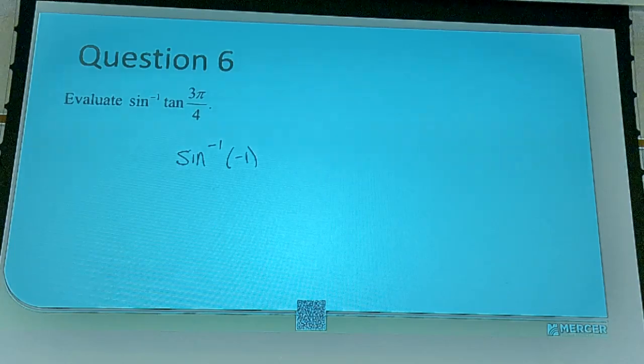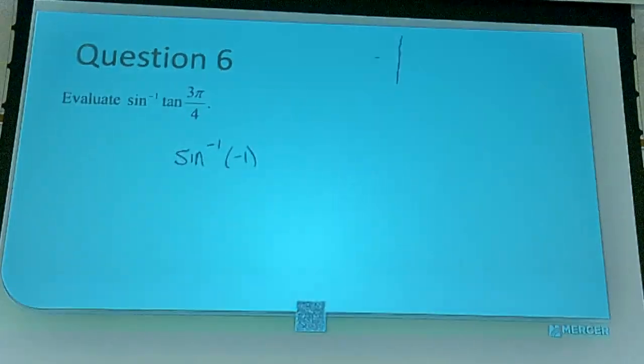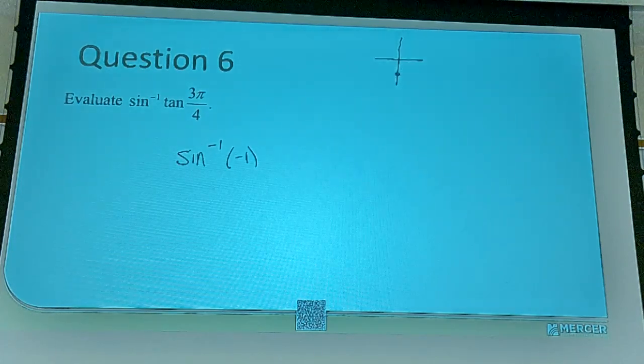Negative y, that's the negative y-axis, right? What's that angle? 90.